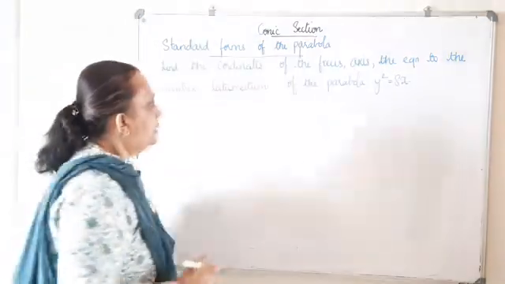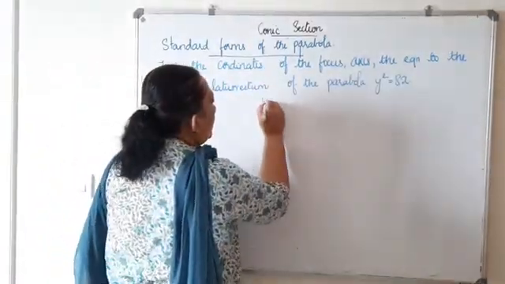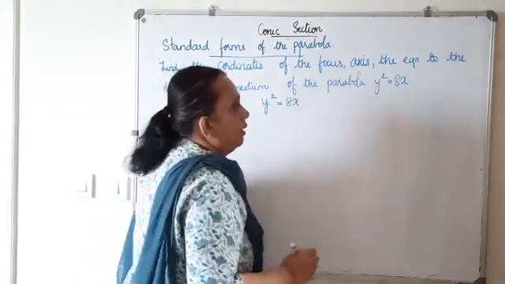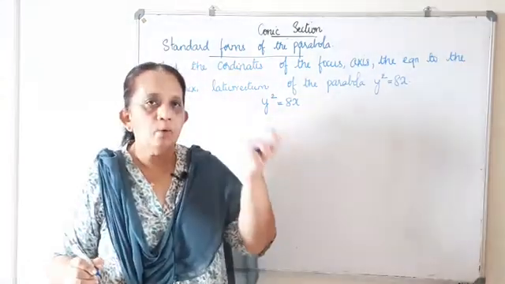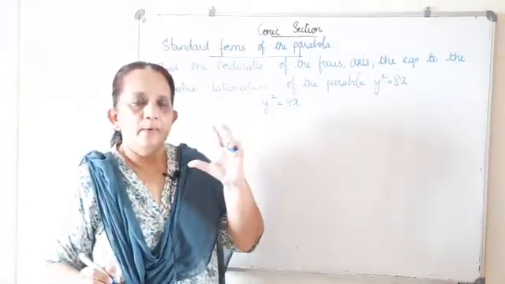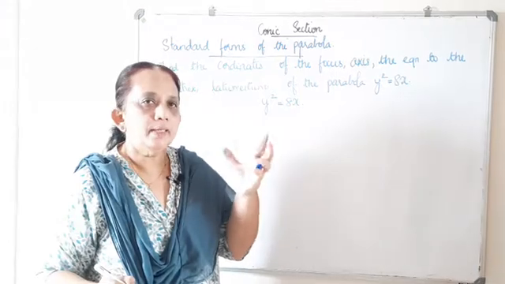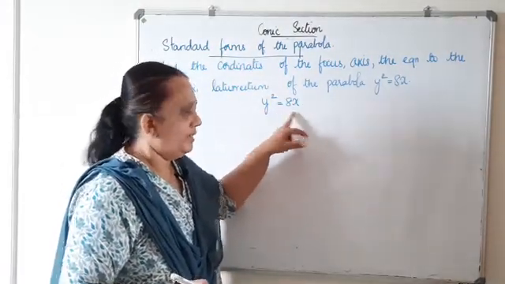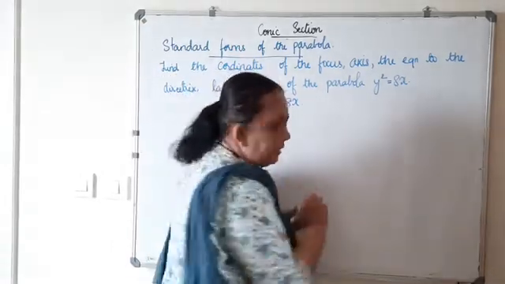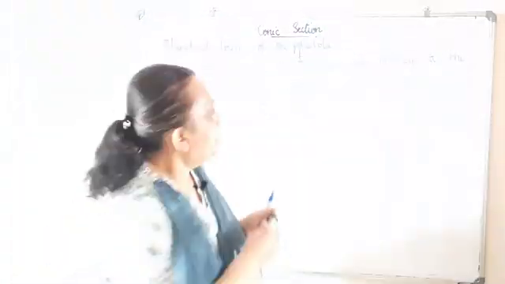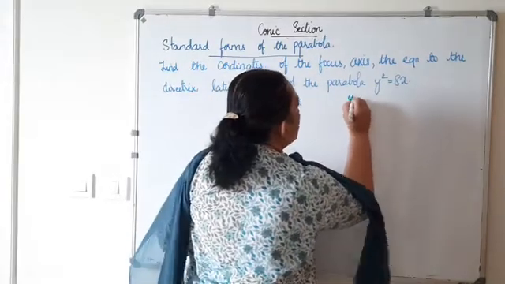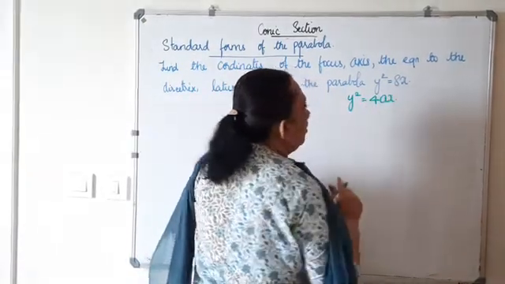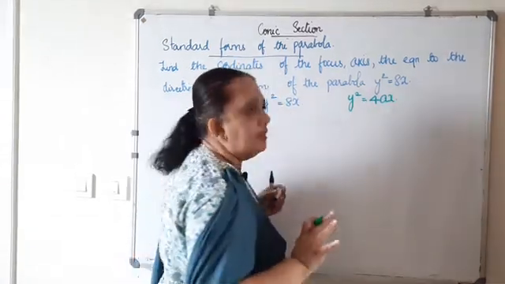So the parabola given is y squared is equal to 8x. Now you have to correlate it with the type of parabola. What is the standard form that y squared is equal to 8x comes under? You can easily memorize that this is of the form y squared is equal to 4ax. What is the peculiarity of this parabola?